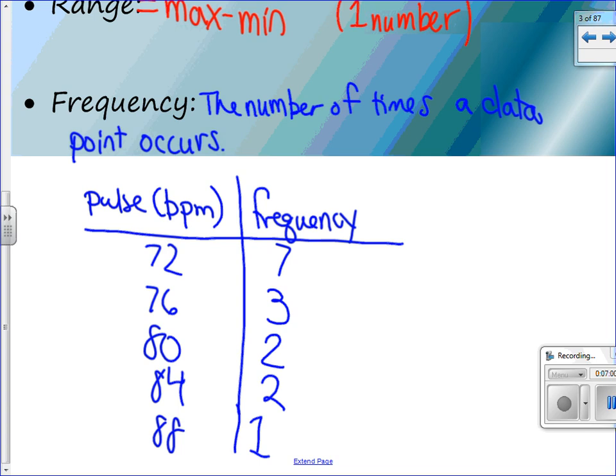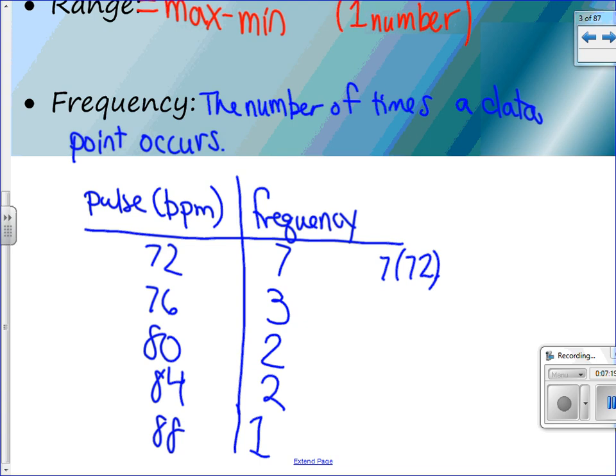Okay, so why would you multiply the frequency by the pulse and then add them? Because we find an average of everybody in the room, and we gotta count every single person. Right. So there are 7 people that had a pulse of 72.